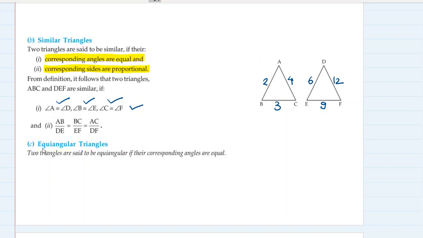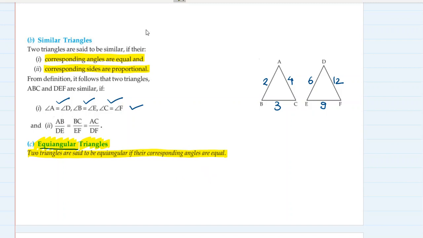Now there is one more term which they are using over here, that is equiangular triangles. Two triangles are said to be equiangular if their corresponding angles are equal. Now, if the corresponding angles are equal, will they be similar or not?